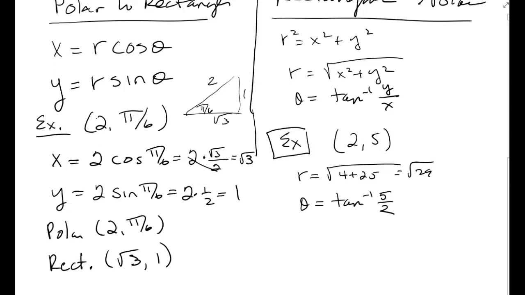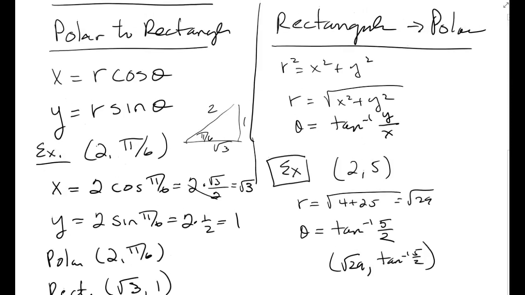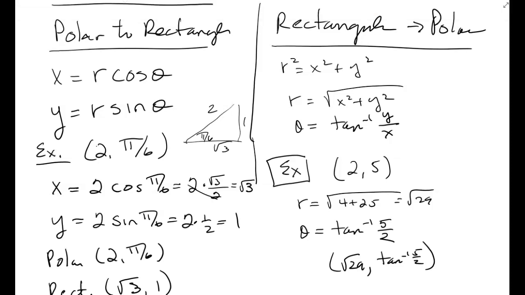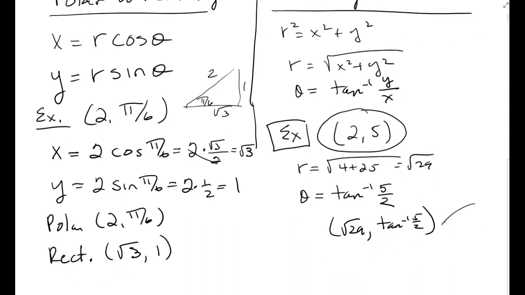You could only get a decimal approximation of that tangent, but the point would be square root of 29, tan inverse 5/2, whatever that is on a calculator. As you can clearly see, some points are just much, much nicer when written as rectangular versus polar. And then some points are actually nicer when written as polar versus rectangular.